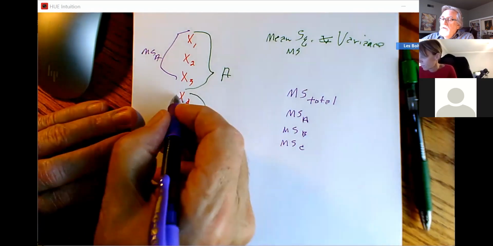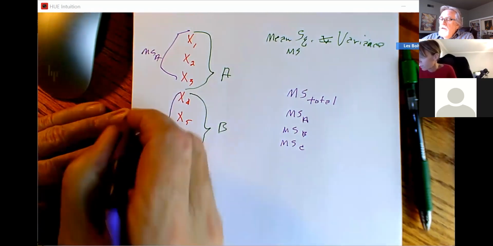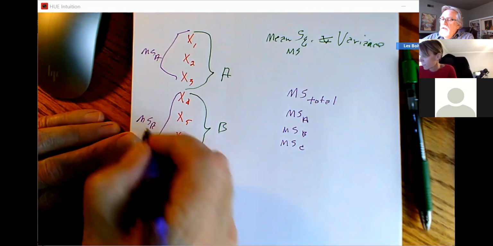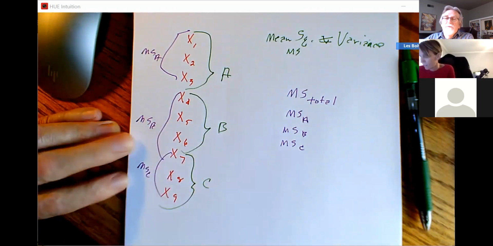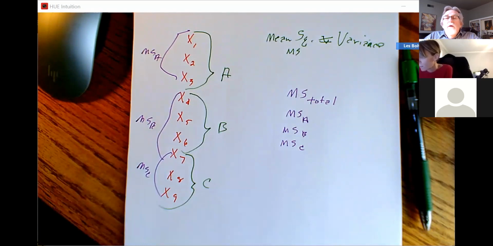The next 3 elements would be the mean squares of B, and the last 3 elements would be the mean squares of C. And those are all what we call within the group.